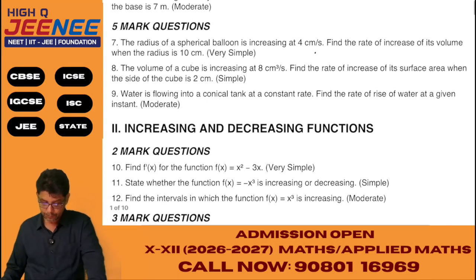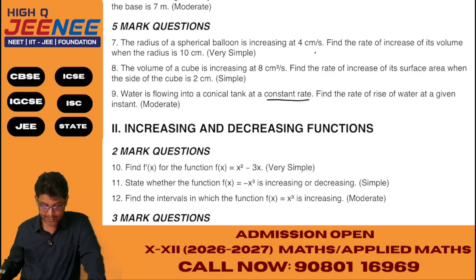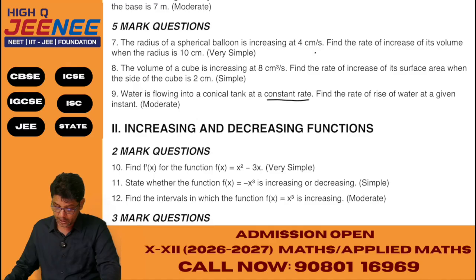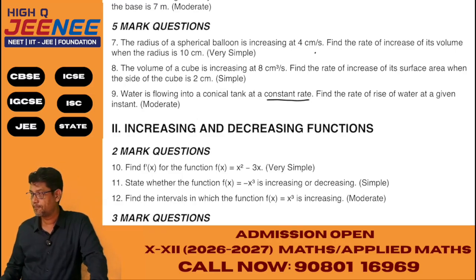Now, water is flowing into a conical tank at a constant rate. Find the rate of rise of water at a given instant. Okay, water is flowing into a conical tank at a constant rate. Find the rate of rise of water at a given instant. What is at a given instant?